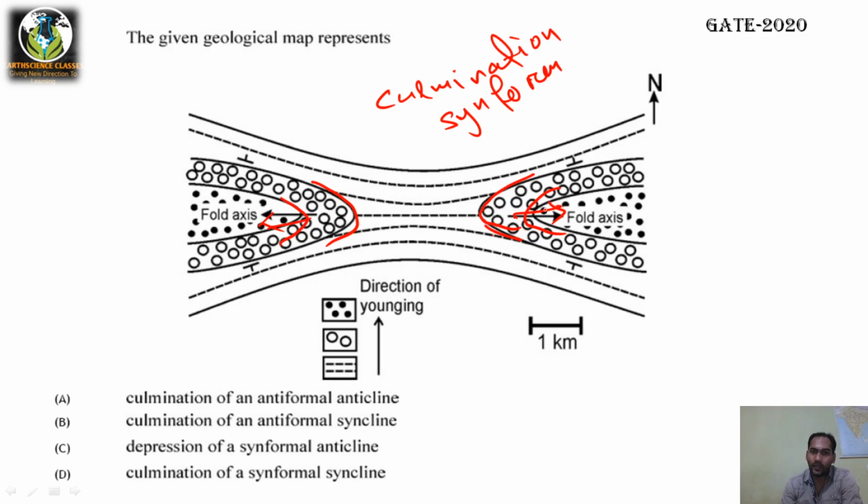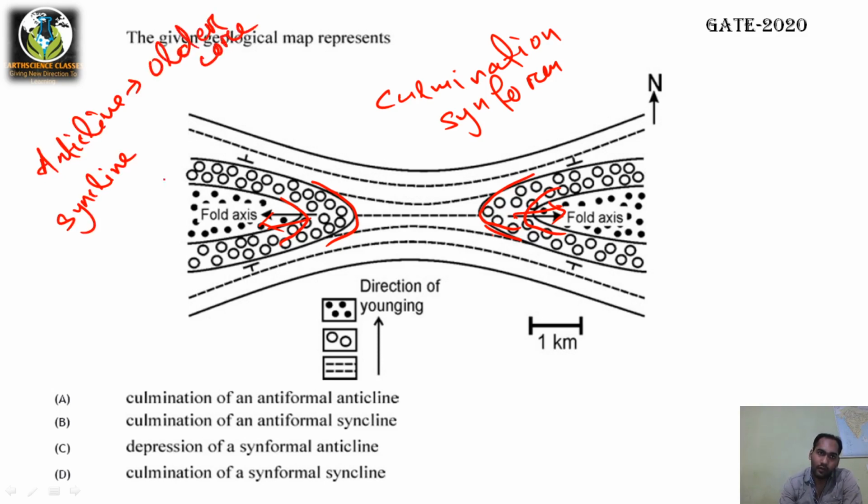Then the next term is whether it is anticline or syncline. For anticline, we should have an older core. For syncline, we should have a younger core. Right?